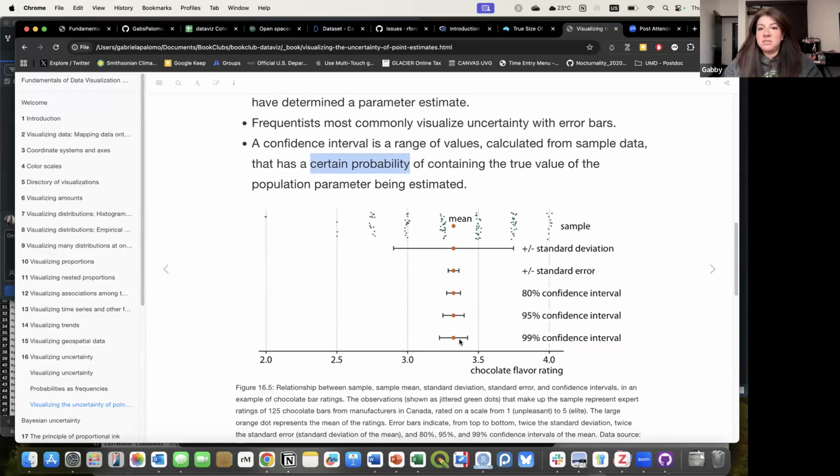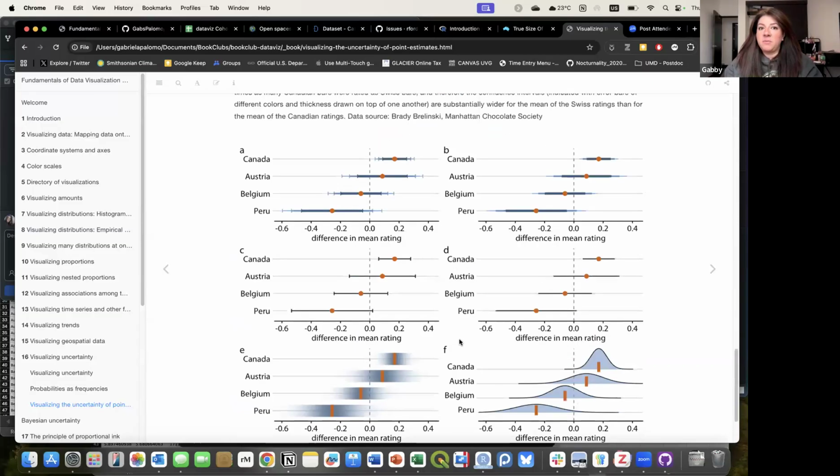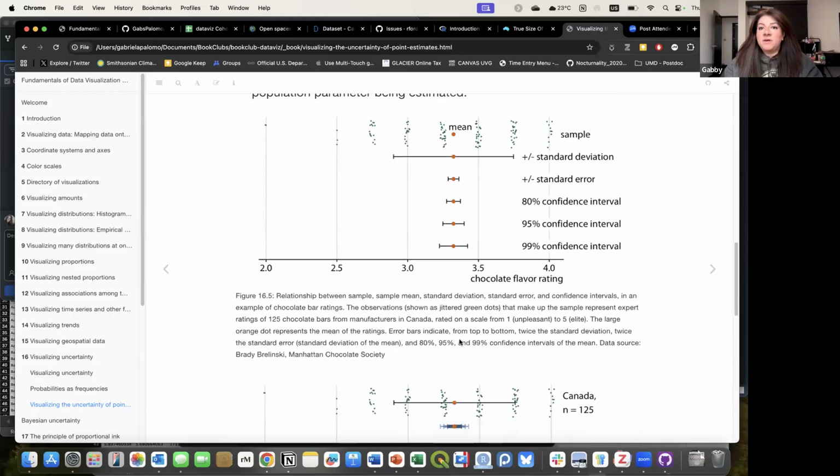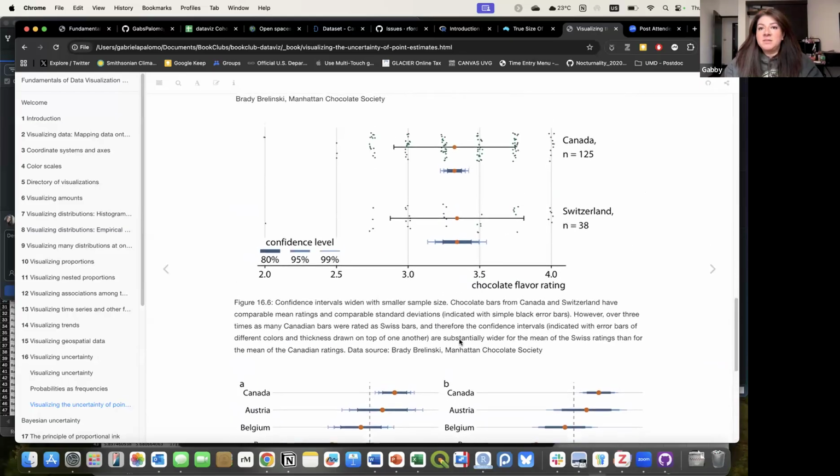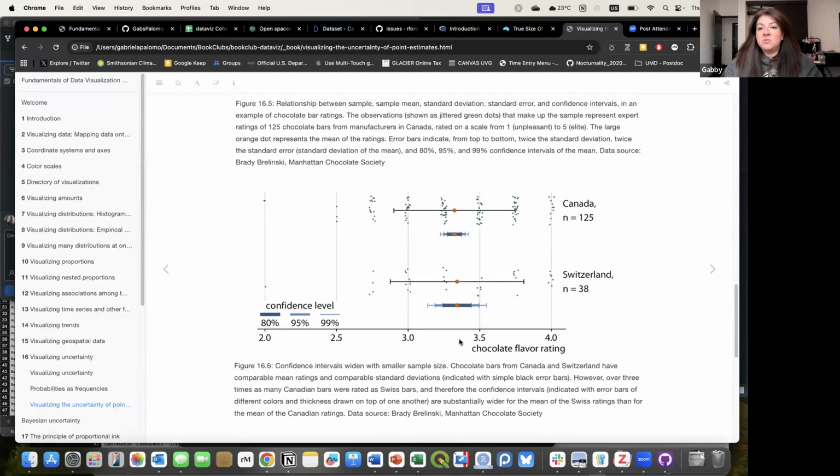And like I mentioned, it's usually shown with these error bars. However, it's not the only way. Sometimes, depending on what package and language you're using, you can have the bar, but other people show the mean and then different levels of confidence intervals, shown here by color.